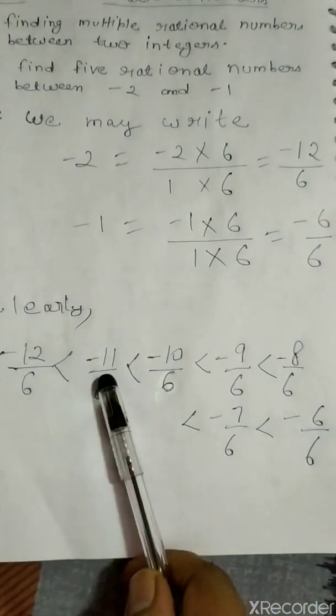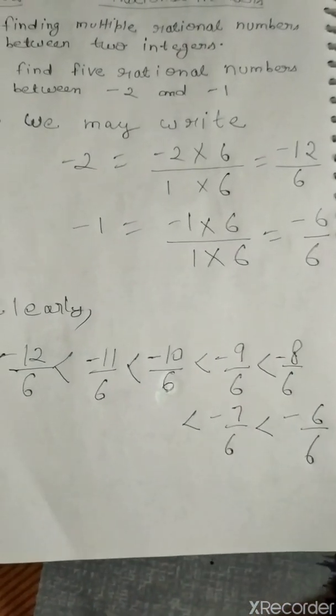So how many numbers are between? 1, 2, 3, 4, 5. Total 5 numbers we have got.